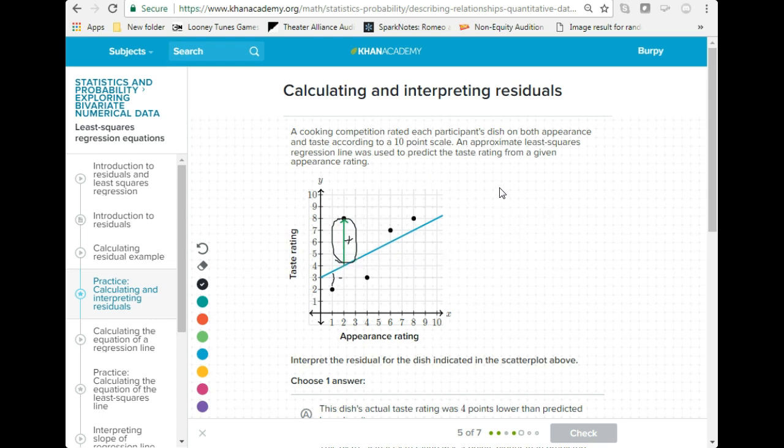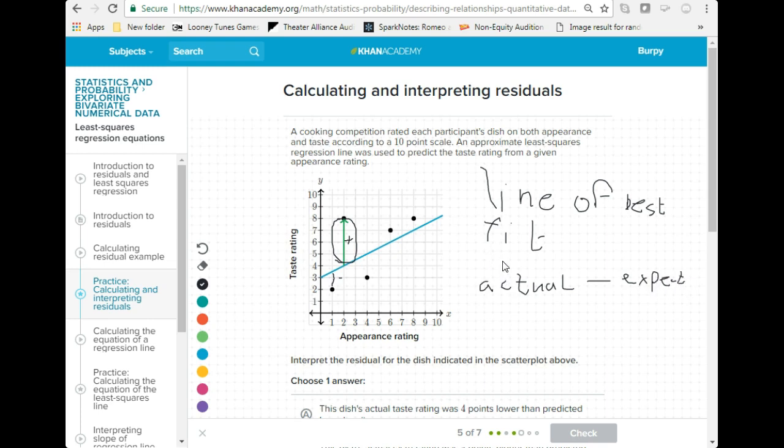But you're probably thinking, how do I get the residual? You have to get the line of best fit. And then what you do with that is take the actual point minus the expected point.